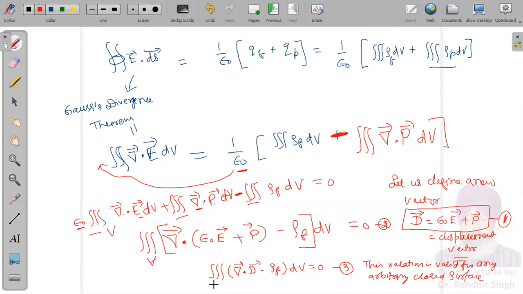Obviously, if the body is small, then the limits will be closer to each other. If the volume is large, then the limits will be away from each other. So I can say this relation is valid for any arbitrary surface, and it is independent of the limits of integration. Therefore the integrand itself has to be 0.